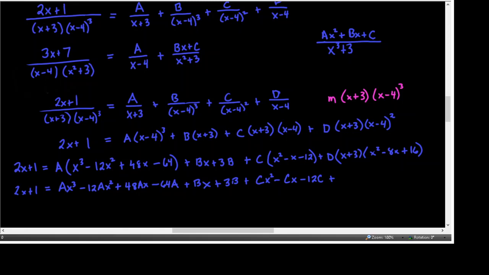Okay, so this will be x cubed, and I'm going to distribute the dx cubed. I'll have negative 8x squared plus 3x squared is negative 5x squared, so negative 5dx squared. I'll have 16x minus 24x is negative 8x, so minus 8dx. And 16 times 3 is 48 times d is 48d.